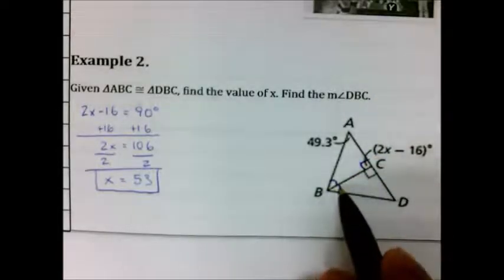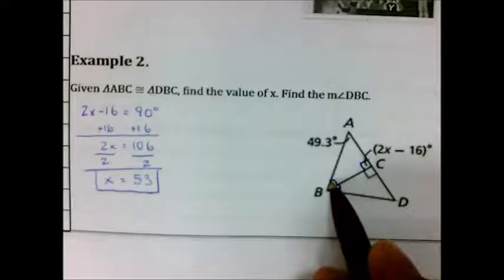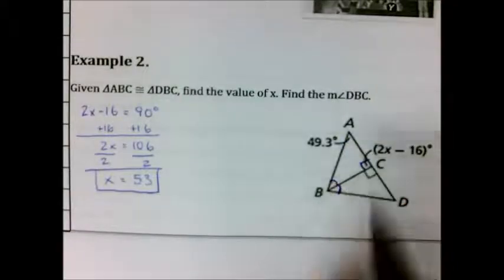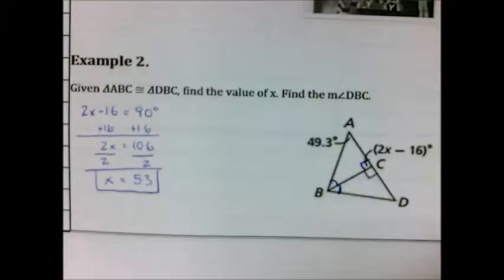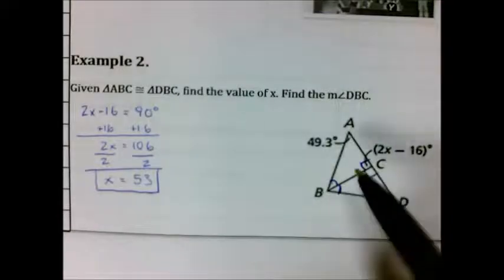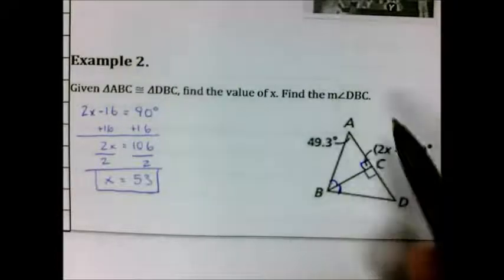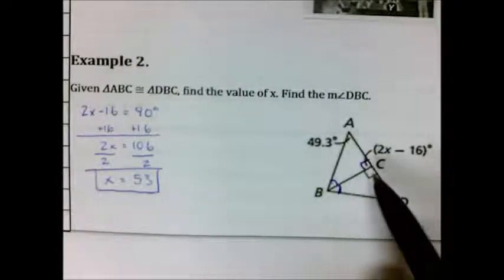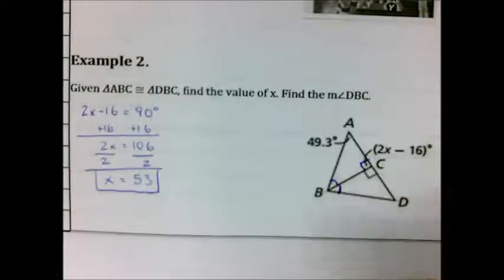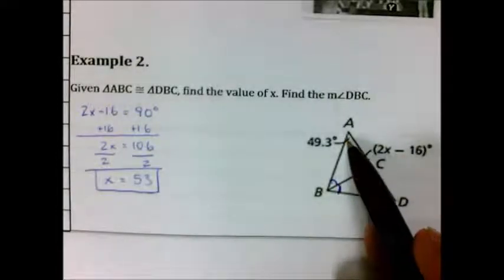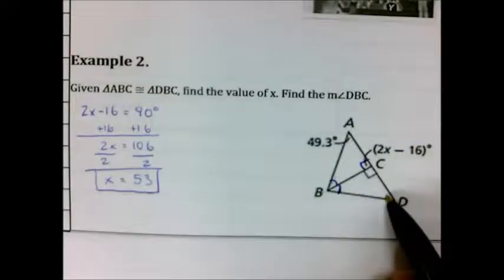Then we can find all three angles, because of the angle sum in triangles, which we learned last unit: all three angles add up to 180 degrees. This one's 49.3, this one's 90. We just need to figure out this one. If angle A is 49.3, then angle D is also 49.3.